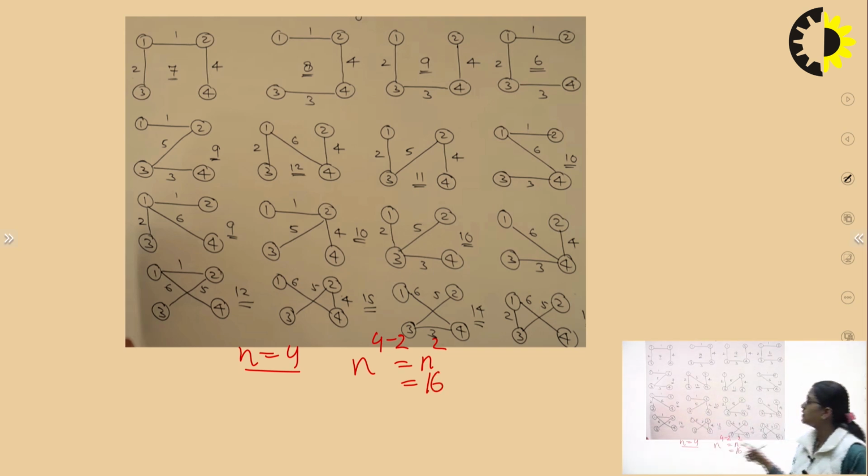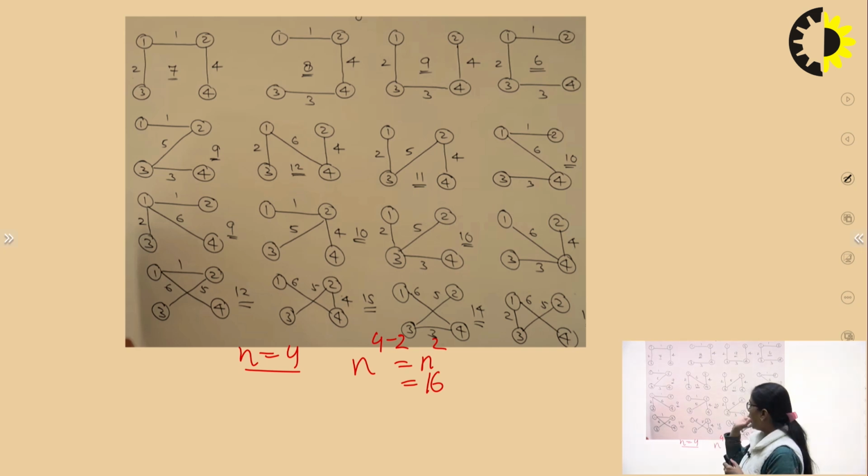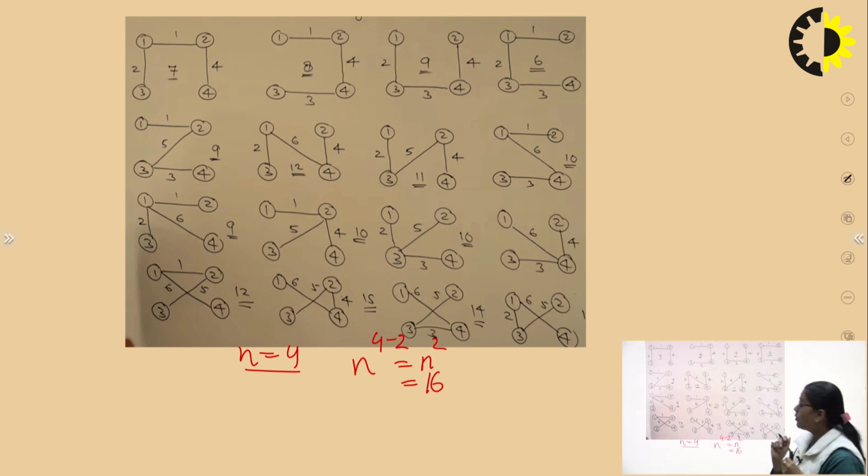We have 16 possible spanning trees for this graph, but in the case of the minimum cost spanning tree, from these spanning trees we choose the one which has the minimum cost.